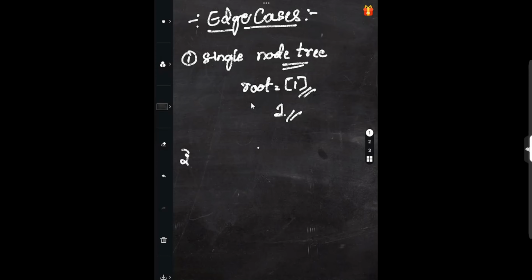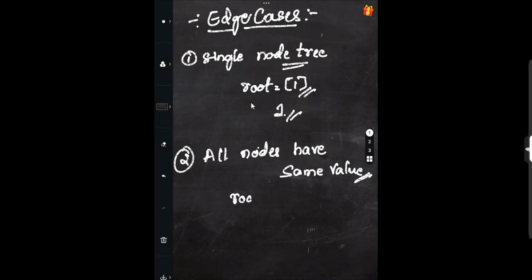Next, let's move on with the second edge case, nothing but all nodes have same value. So I'll just write all nodes have same value. When I say all nodes have same value, let me consider here root 5. Root, this one I have considered. Output will be 5 in this case. Why will the output be 5?